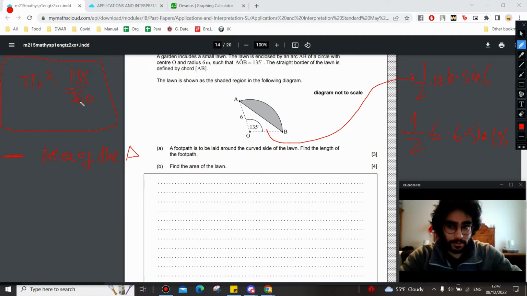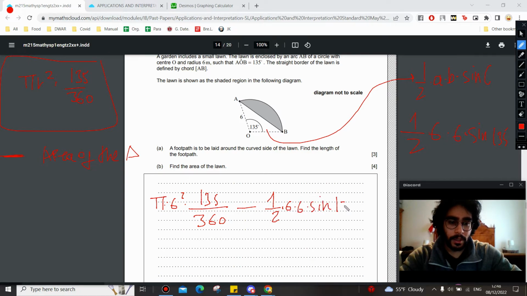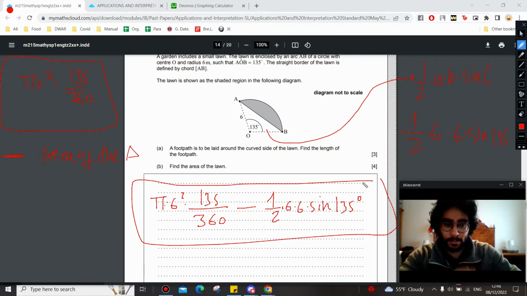So my answer will be pi times 6 squared times 135 divided by 360, minus 1/2 times 6 times 6 times sine of 135. Again, I'm not simplifying this. I am leaving it to you to simplify it and use your calculator. But this will be the value that you're looking for in part B.